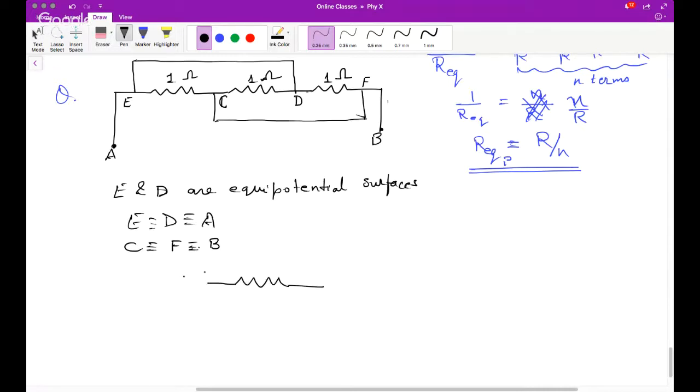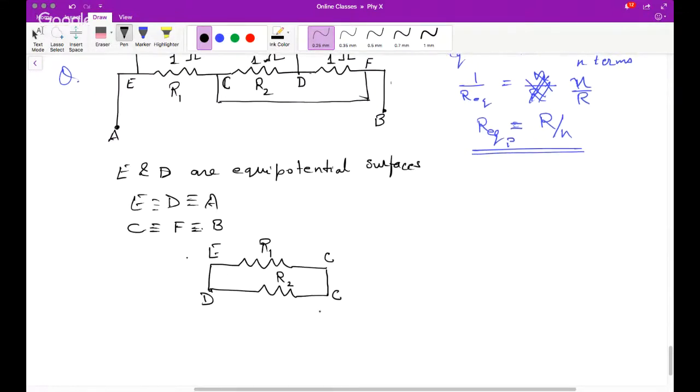Let us say this is E and C. This is the resistance between E and C, let's say R1. And R2 is between C and D. Between C and E was same as D, so I can connect E and D as D, and C as C. Now there is another resistance between C and D, R2.